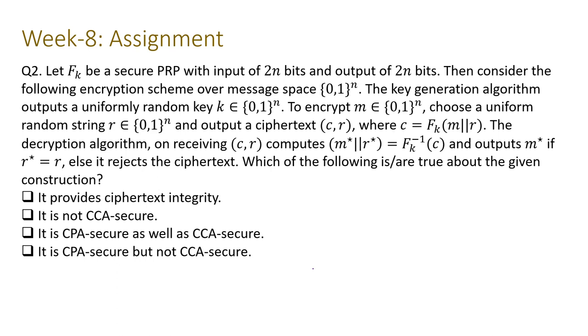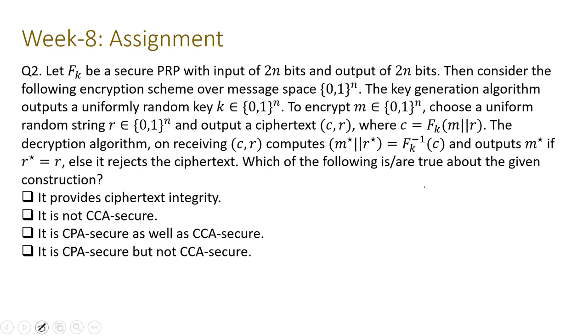Also, another important thing is that this encryption scheme is actually CCA secure. Before going to ciphertext integrity, let me just tell that this scheme is CCA secure. Why? Because F is a secure PRP here. So how is the encryption being done?